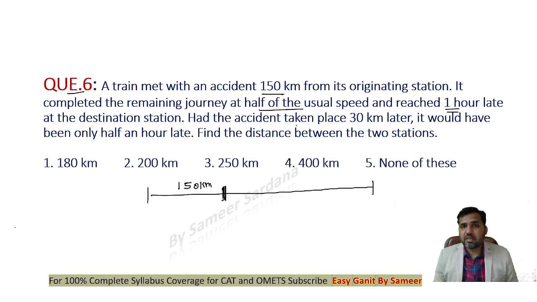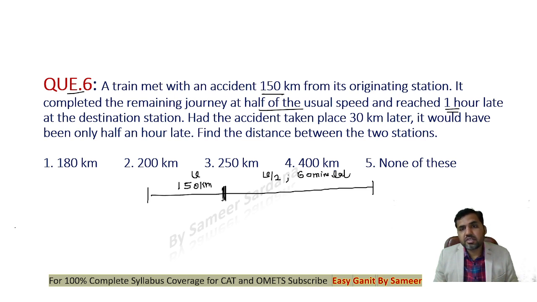It completed the remaining journey at half of the usual speed. So if this distance is traveled at v, then the rest of the distance is traveled at v upon 2. And because of this the train is now reaching the destination 60 minutes late.